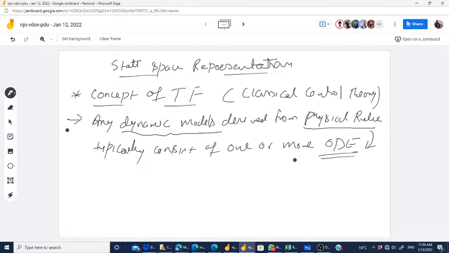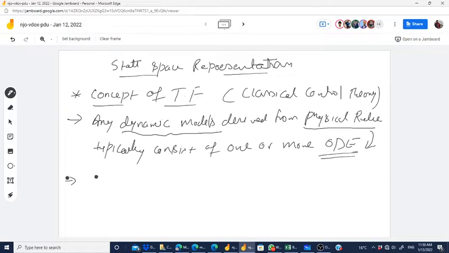Agree? Yes or no? Most of the equations will come into the dynamic equation. Am I audible? Yes or no? Yes, sir, audible.